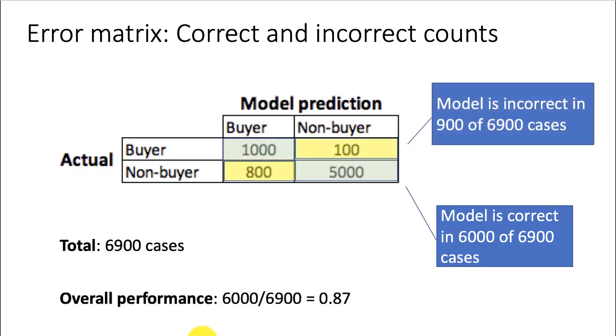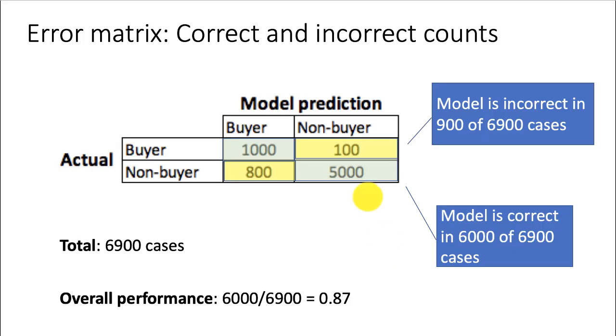Therefore, we can say the overall model performance is 6,000 divided by 6,900, or roughly 87%. And of course, the model is incorrect in 900 of the 6,900 cases, so roughly 13% of the time, which is what is left over. The overall performance of the model is simply the total of the correct classifications divided by the total number of cases. It's quite obvious.